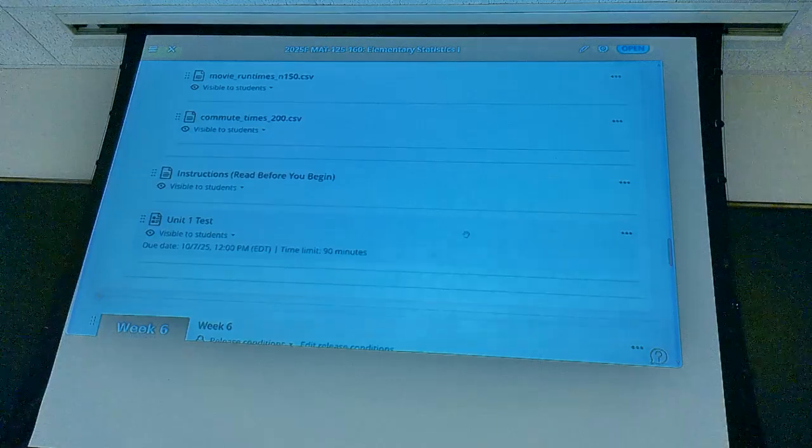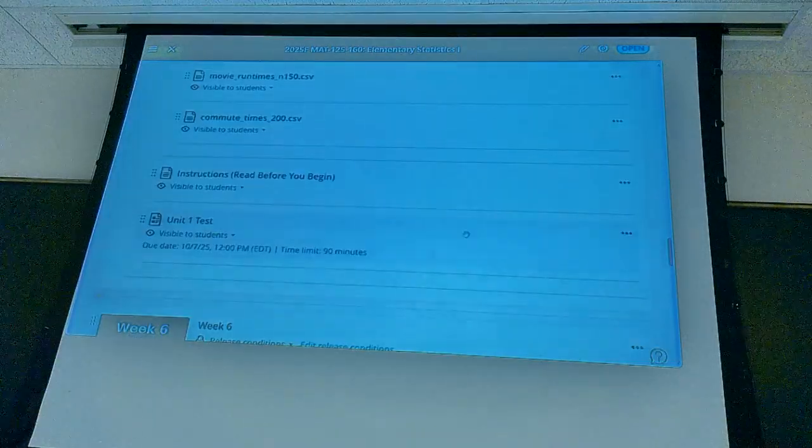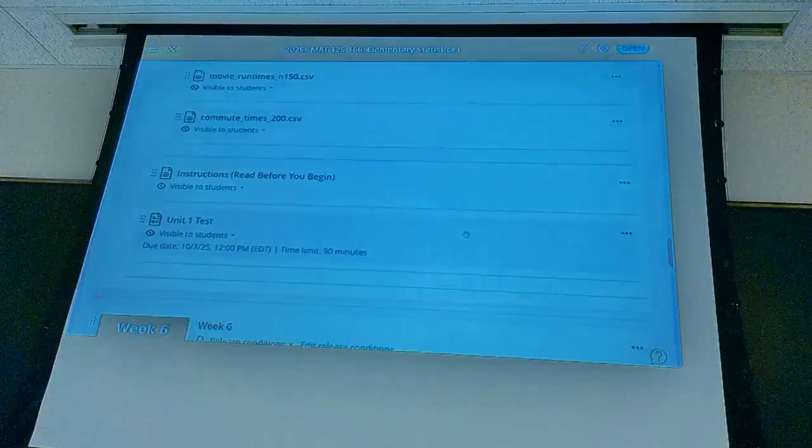Also, it should go without saying that the tests are not part of the eligible assignments for late submission. It is set to be due on October 7th at 12 p.m. If it's submitted at 12:01, it's a 0. It's late.